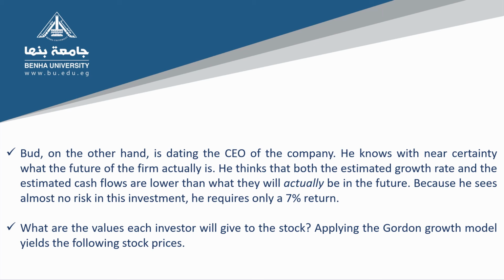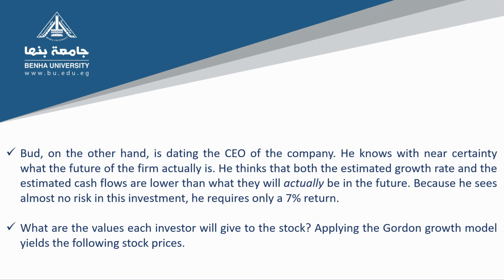He knows with near certainty what the future of the firm actually is. He thinks that both the estimated growth rate and the estimated cash flows are lower than what they will actually be in the future. Because he sees almost no risk in this investment, he requires only a 7% return.